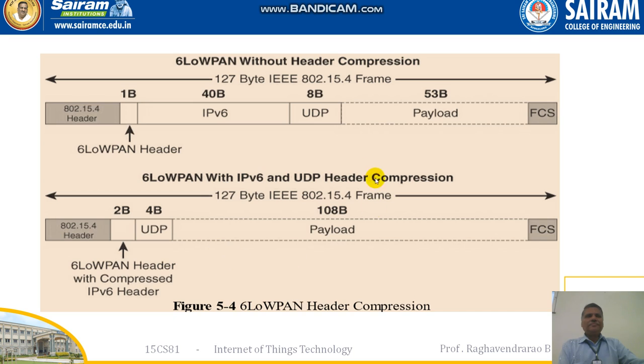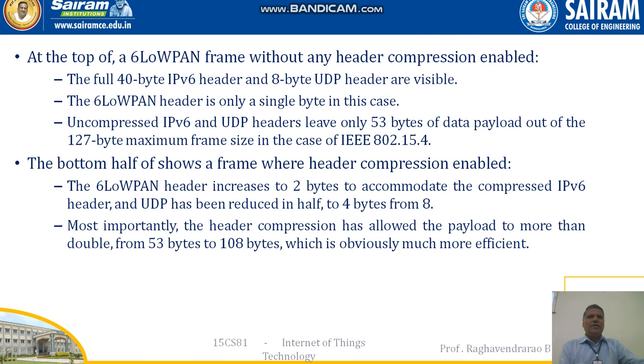Here the upper part is the IPv6 and UDP header, and the lower part shows the 6LoWPAN header. For the compressed IPv6 header, 2 bytes are taken, and UDP is there with a 4 byte header.